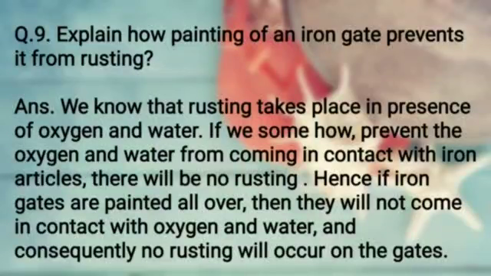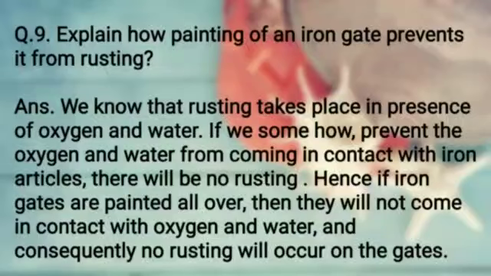So how can you prevent that? You have to apply something on iron things, so iron does not come directly in contact with the oxygen and water. You know that rusting takes place in the presence of oxygen and water.